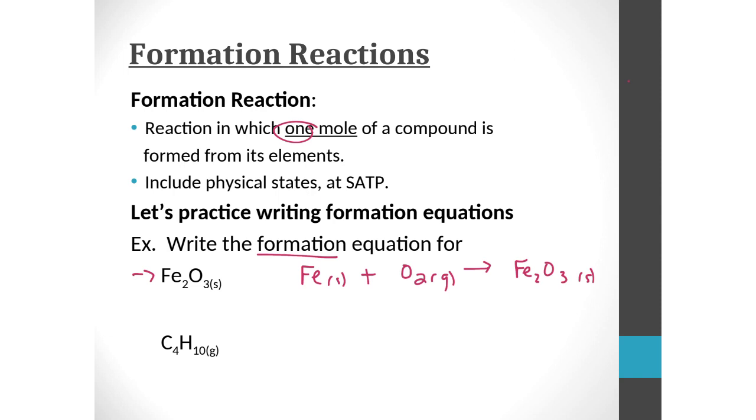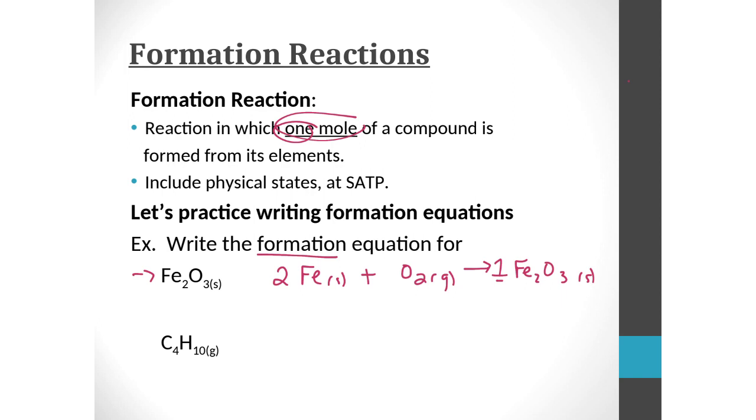Now, we know we have to balance reactions, but remember, I have to have 1 mole. So I cannot put a coefficient here at all. It has to be a 1. So in order to maintain that, I'm going to have to put coefficients in front of my other substances. So I have to balance that iron, and I put a 2 in front. But I have to balance my oxygens, and this gets kind of a little complicated because I have the odd-even thing happening.